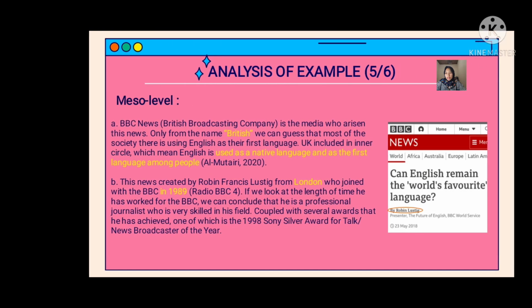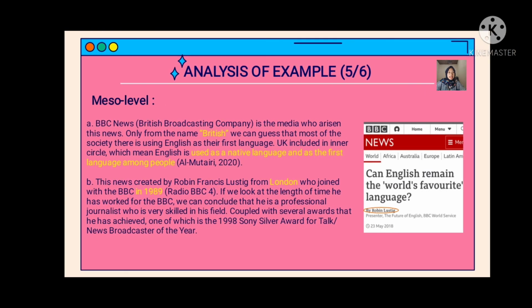And then the next will be meso level. It is broader than the first one, the micro level. It talks about who published it, who the author is, and the others. For example, here the publisher is BBC News, or British Broadcasting Corporation.